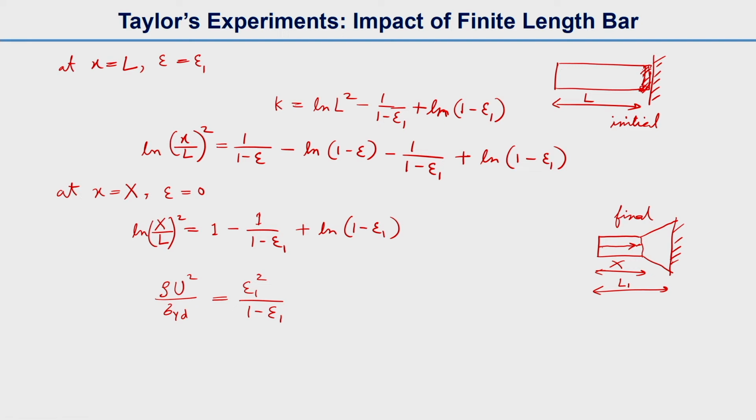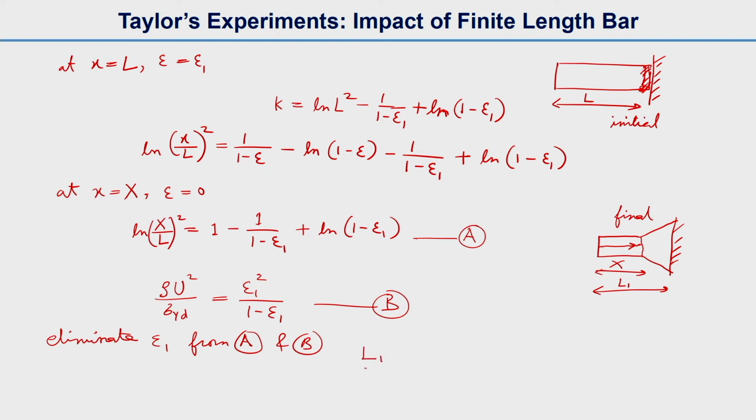Now, if we eliminate epsilon 1 from relations a and b, we will end up with an expression of L1 and L. We can find L1, that is the final length, divided by L, is a function of rho U square by sigma yd.